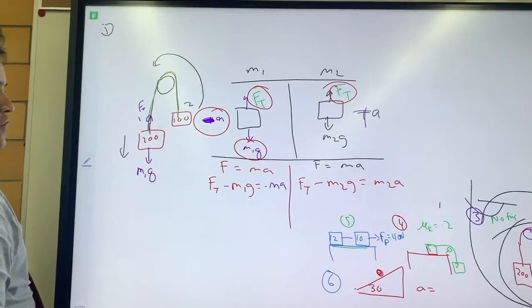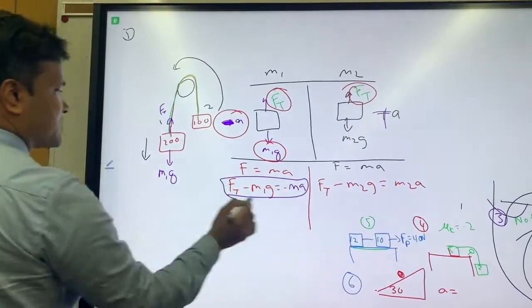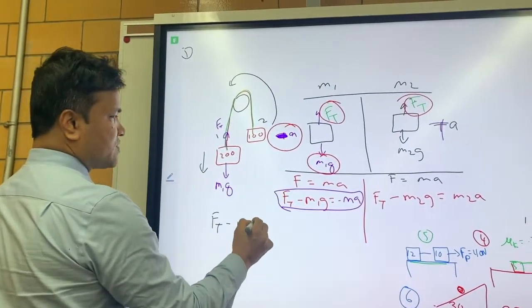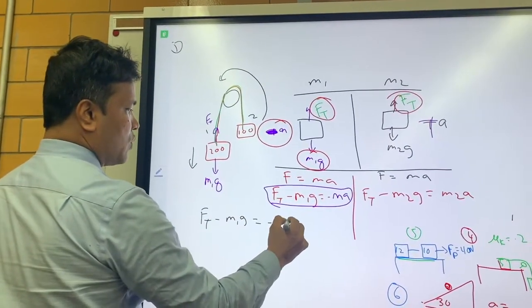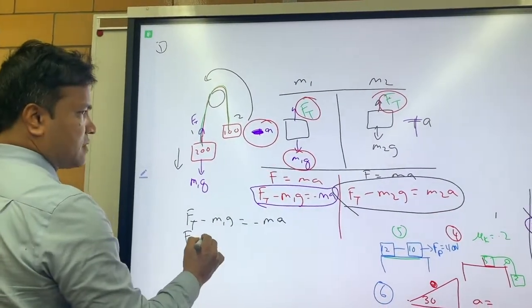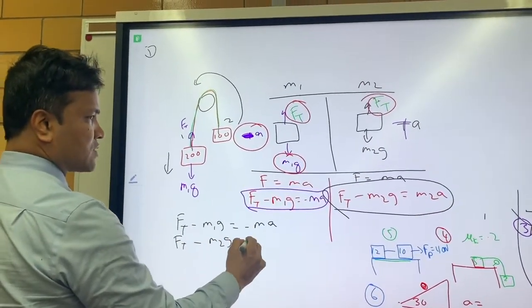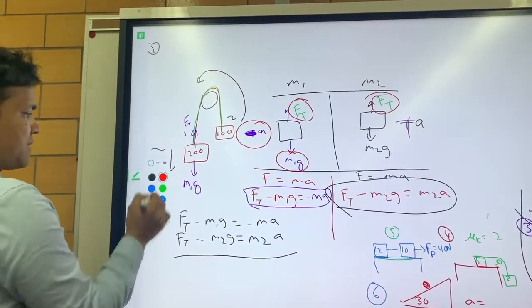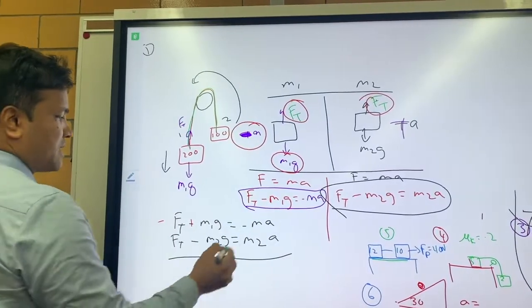I'm going to put them on top of each other. This one is Ft minus m1g is equal to minus m1a, and this one is Ft minus m2g is equal to m2a. Let's multiply this one by negative. Negative, positive, positive.